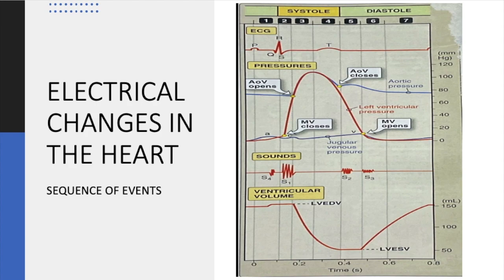Aortic pressure, which had been declining during the diastole, climbs when blood is forced into the arterial system. Now the rapid ejection gives way to reduced ejection.